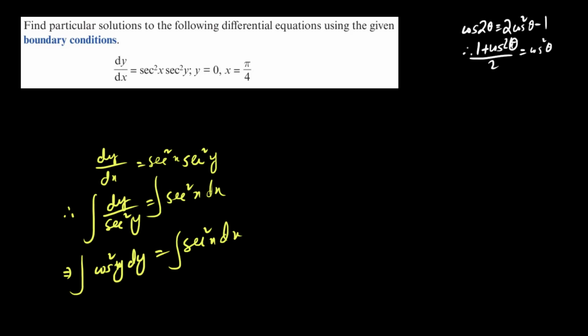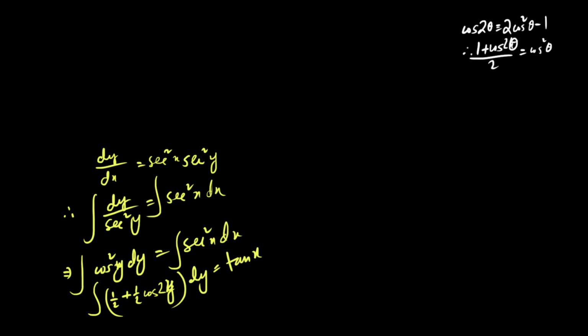So using that identity we can integrate this. This is going to be half plus half cos 2y, actually theta is y over here, dy equals the integration of sec squared x, which is tan x. I'm going to write the c at the end because the math is still not done.